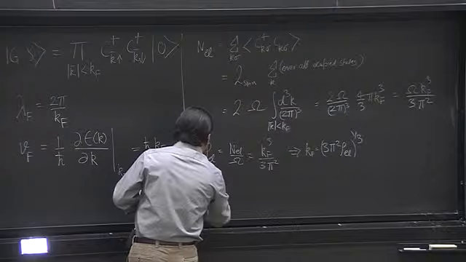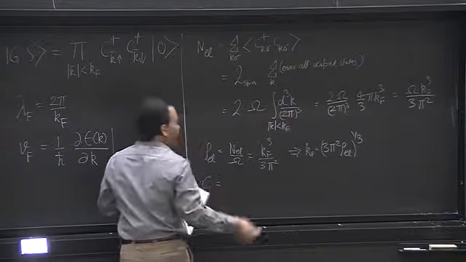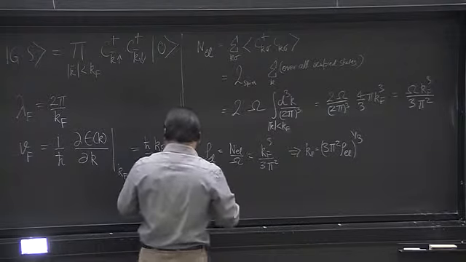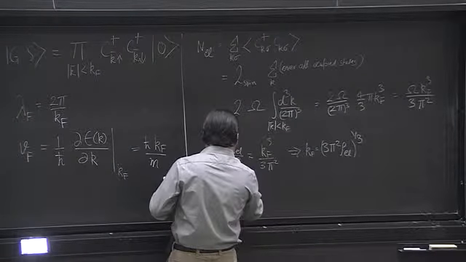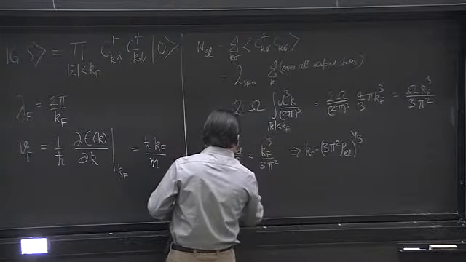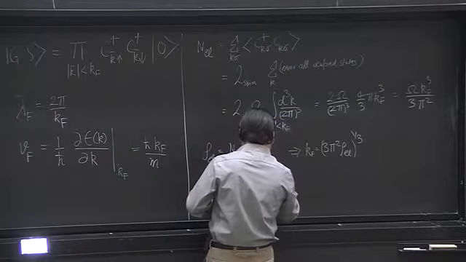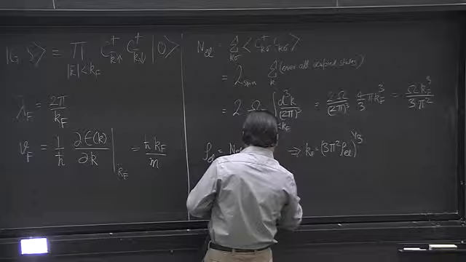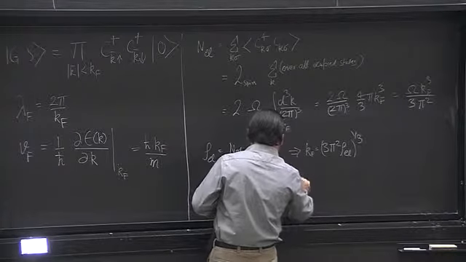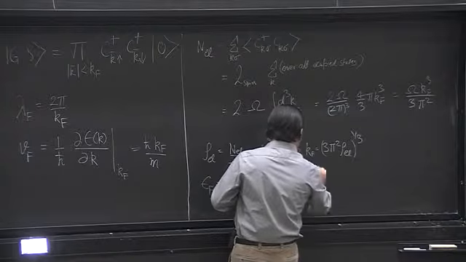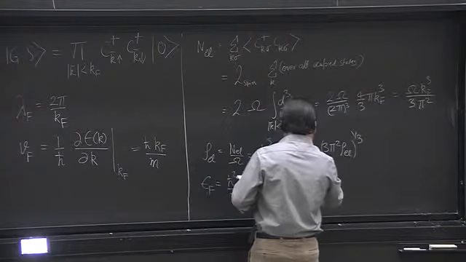This implies that the Fermi energy can also be written in terms of electron density. It is h bar square kf square over 2m, which gives h bar square over 2m times 3 pi square rho to the power 2 by 3.